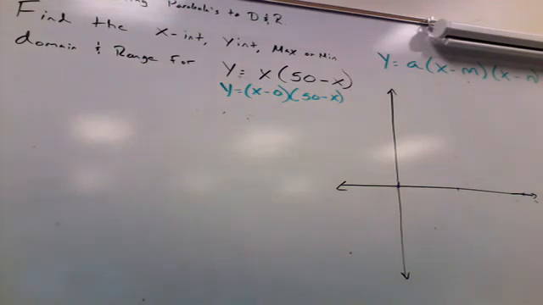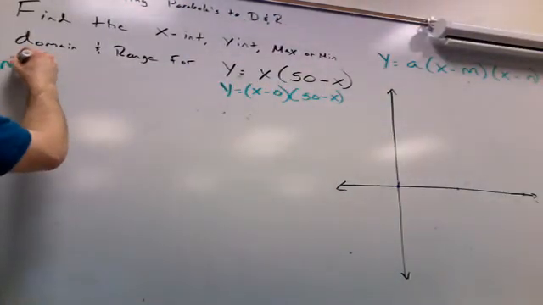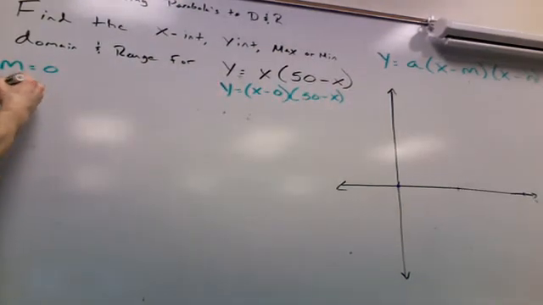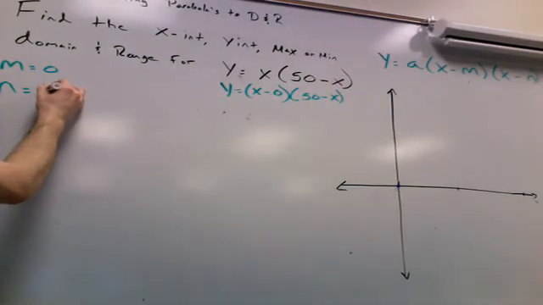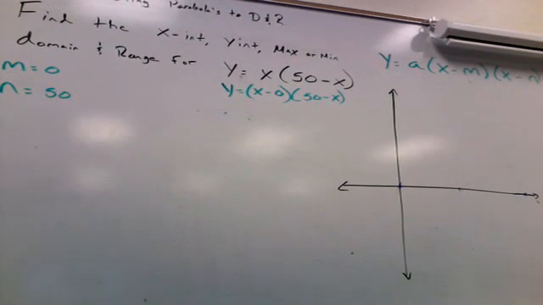So our m is, what's our m again? 0. What's our n? 50. So, since m is 0 and n is 50, can we find our x-intercepts? Yes.